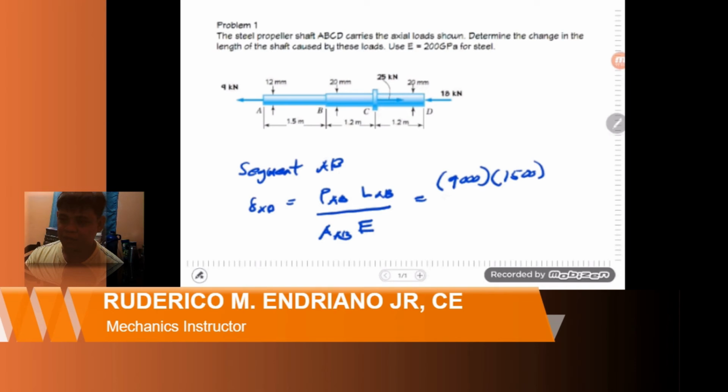For the length, we have 1,500 millimeters. And for the area, that's a circle, so we have pi over 4 d squared, and multiplied by 200 megapascal. So that will give us the change in length for AB to be 0.597 millimeters. And since it's tension, we will have elongation.